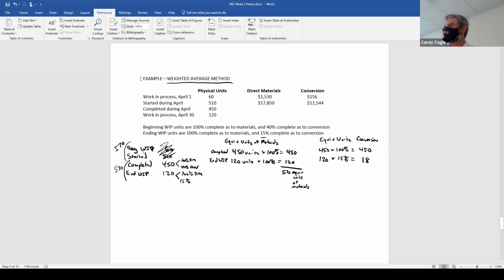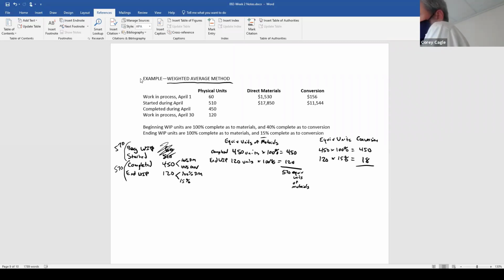So I'm restating those 120 units that I've done 15% of the work on. I'm saying, what if I had taken all that effort and just zeroed it in on fully taking units from beginning to end and finishing them? That effort would have finished me 18 units. That's the idea there. Just like we said, doing half of 10 papers is equivalently 5 papers. 10 times 50% is 5.